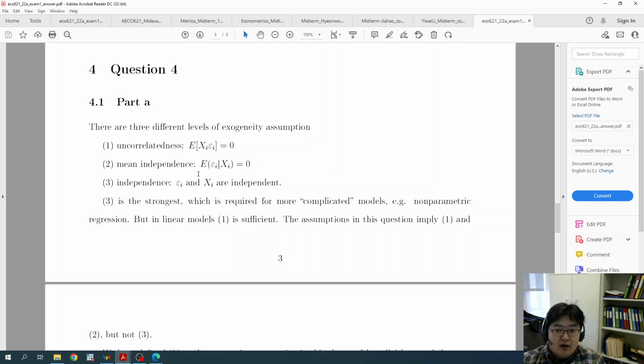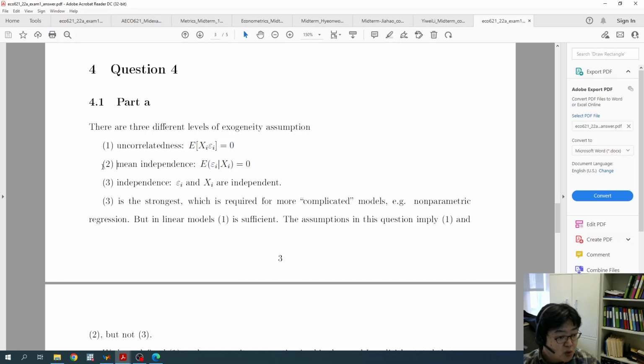The first, the most mild assumption, is uncorrelatedness: simply x and epsilon are uncorrelated. The second is the mean independence assumption, where the conditional mean is zero, and the second assumption implies the first one.